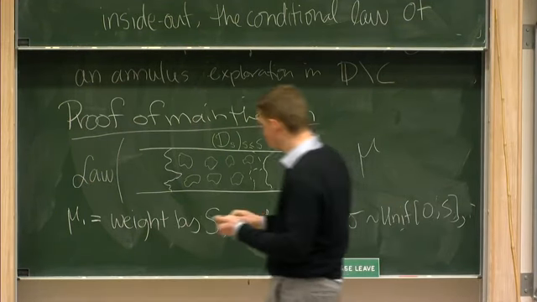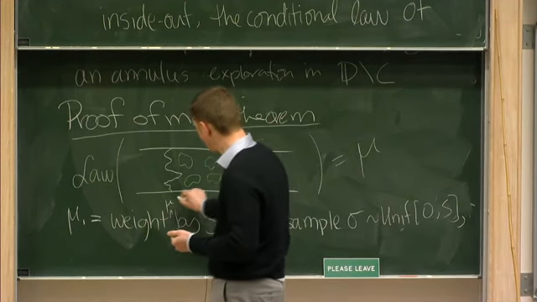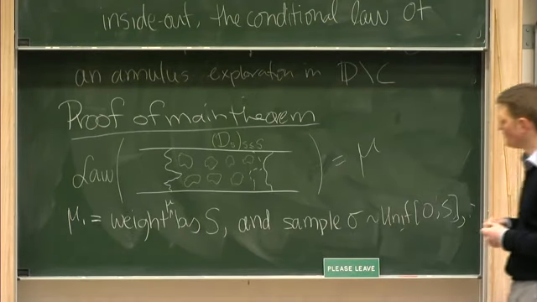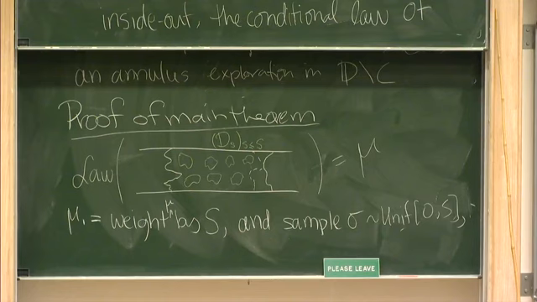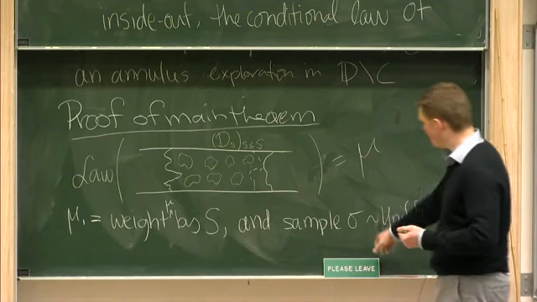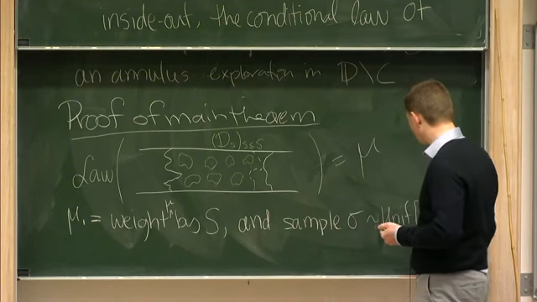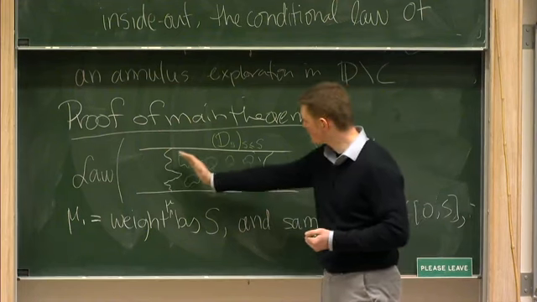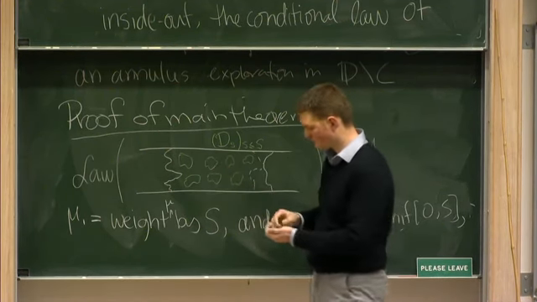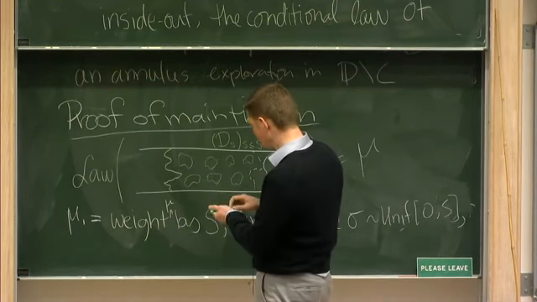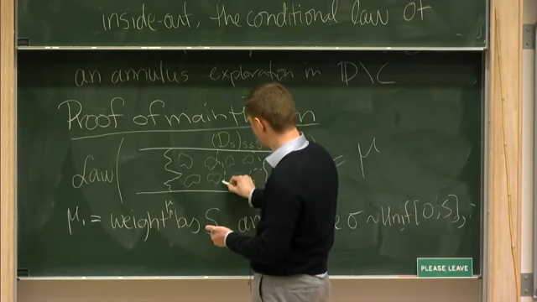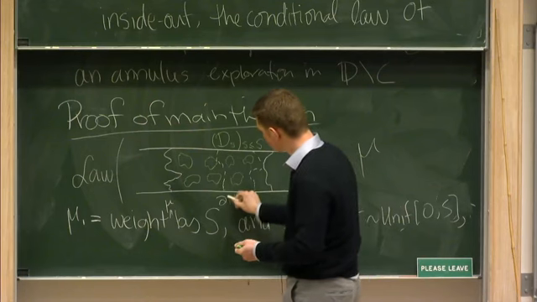So I'm going to weight this probability measure mu by S. All right, and then as I said, I'm going to add some extra stuff here. I'm going to choose a particular exploration contour, partial d sub sigma.